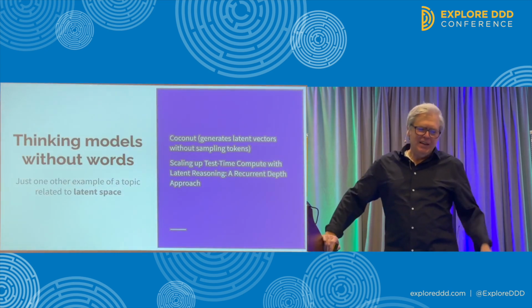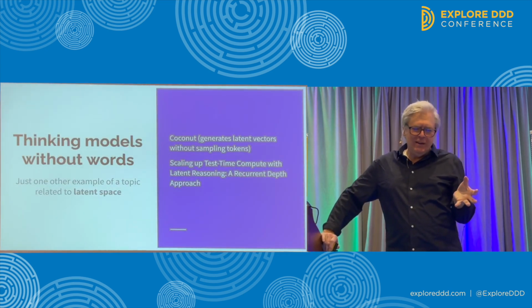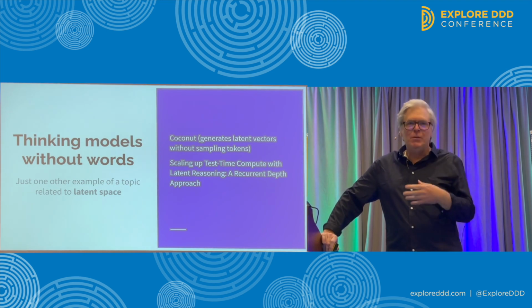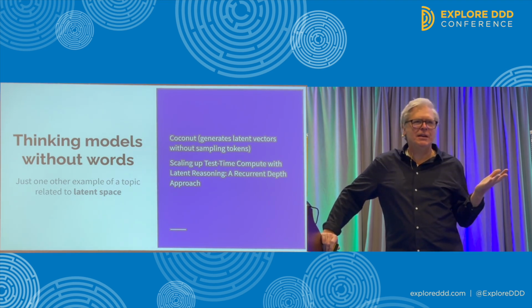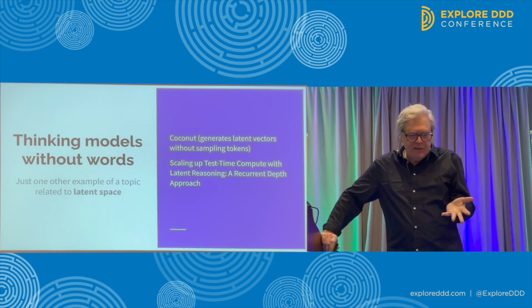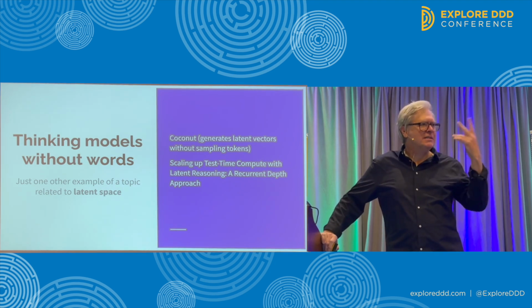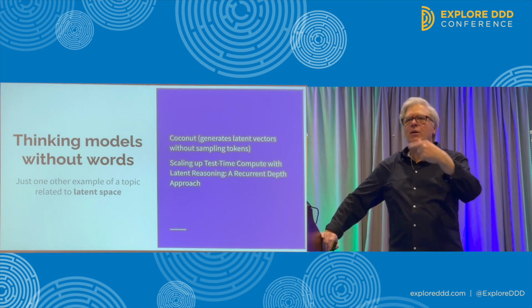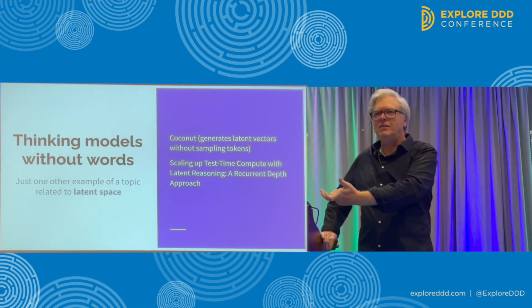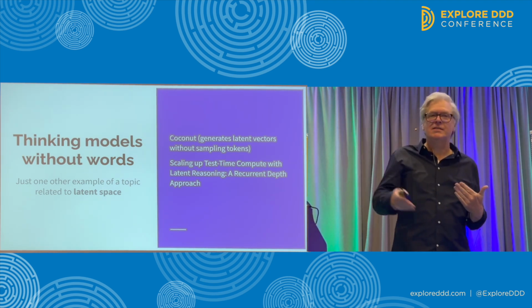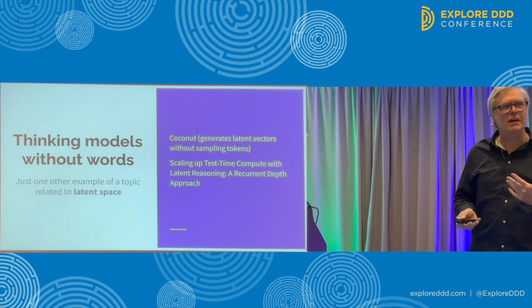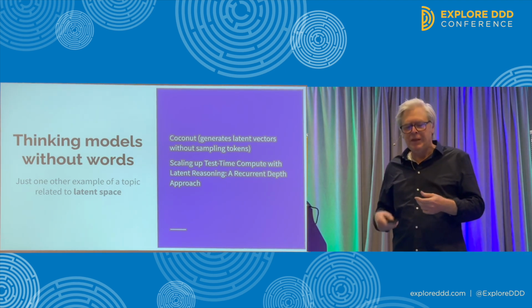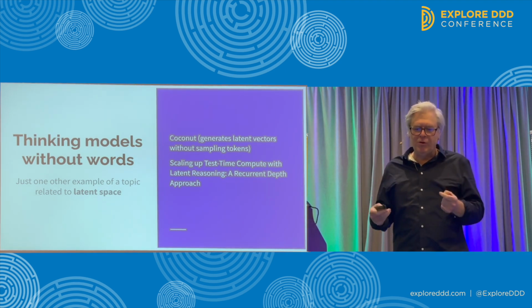All right. I've talked a lot about interpretability, but there's lots of other important things related to latent space. One that interests me is, we've heard about these thinking models. They generate words that express what they're thinking, and then they feed that back in. It's the same old next-word thing, the generative model. But there are other approaches.